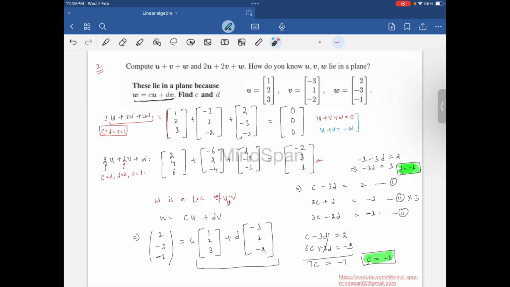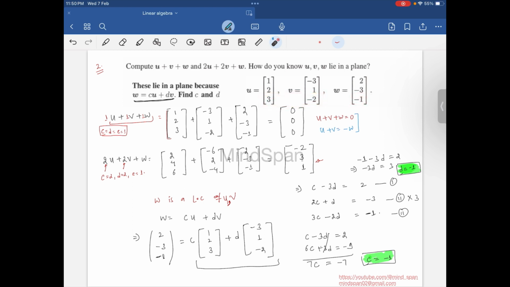So let me do that. If you add this 1 minus 3, what you will get is minus 2, and minus times of minus 2 you will get 2, right? And if you add this 2 plus 1, that is 3, and minus times of 3 will be minus 3, right? And similarly 3 minus 2 is 1, but minus times of 1 is minus 1, right?